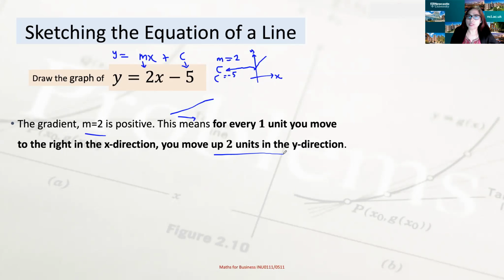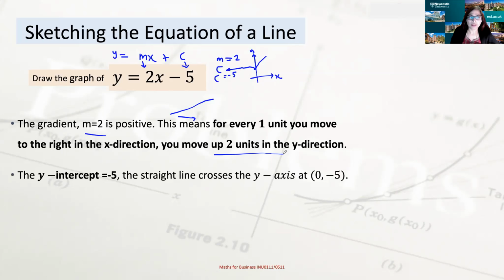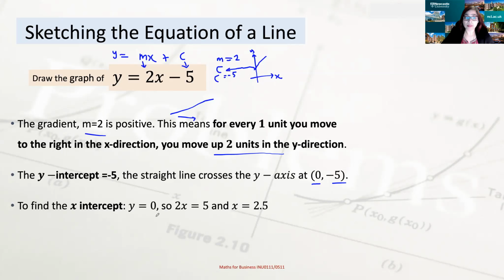And how do you draw the straight line for this? You first need to find the y-intercept. From the equation, you can say that the y-intercept is -5. That is, when x is equal to 0, y is -5. Next, find the x-intercept, that is, substitute y is equal to 0 and find the value of x.